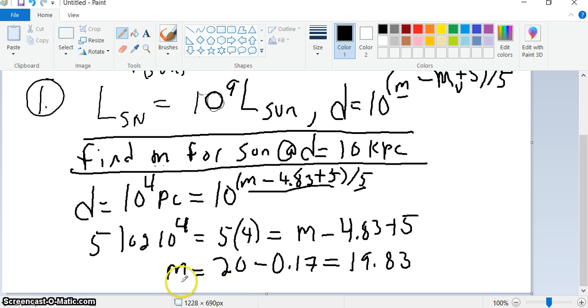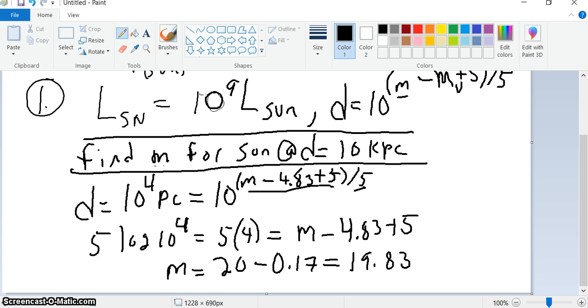So at 10 kiloparsecs, that's what this problem's about, the sun would have an apparent magnitude of positive 19.83. That's the first part of this particular problem.